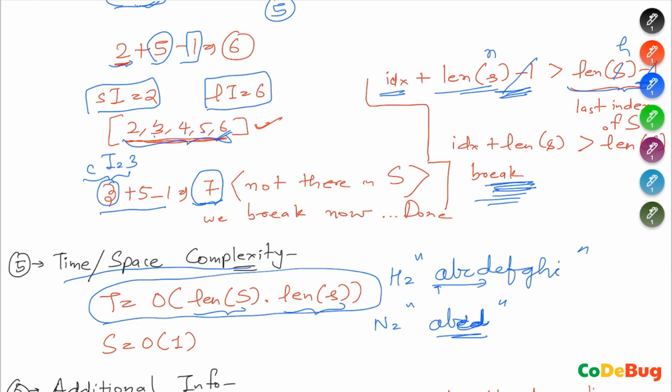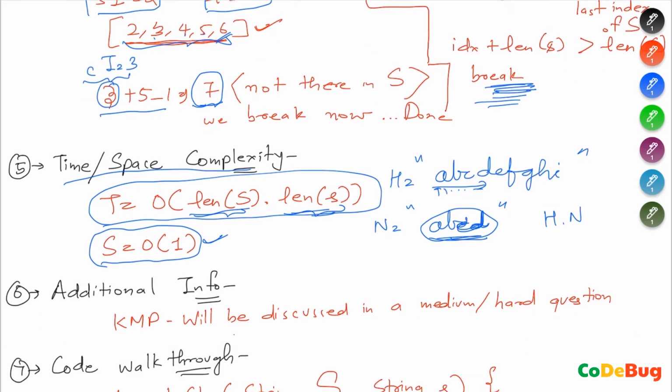So we can think about it like this: for each character in H, we are trying to look at the needle. So the total time complexity will be the length of H times the length of the needle. That's what we've written, length of capital S into length of small s. And since we are not creating any auxiliary space, the space complexity will be constant.